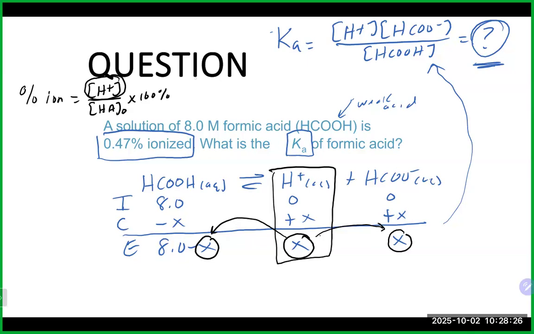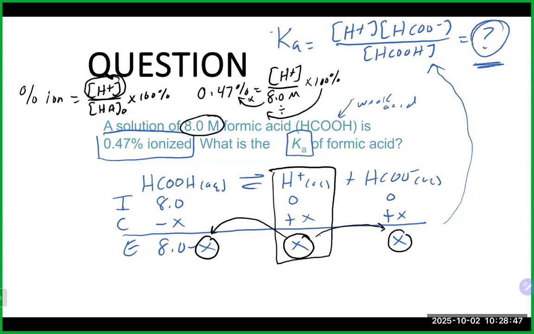So if we do that, this is 0.47% ionized. We're looking for the H plus concentration. Our initial concentration of our acid is 8 molar, and times 100%. So we multiply the 8 molar to the other side and divide by the 100%.